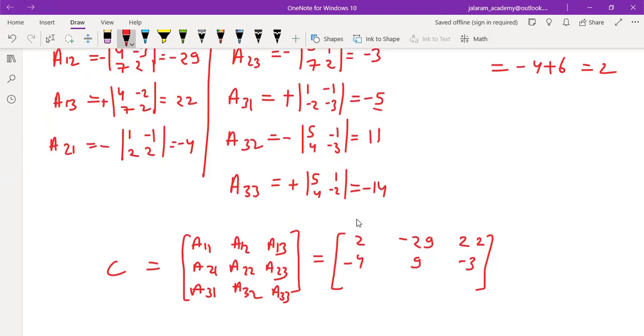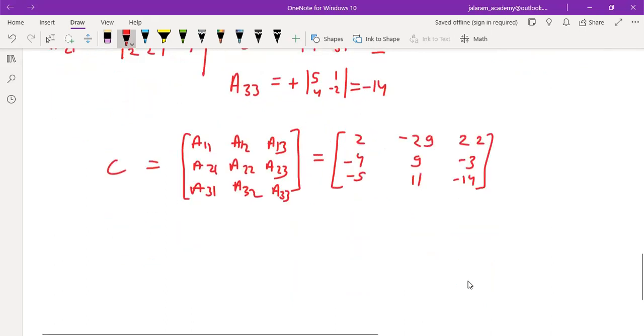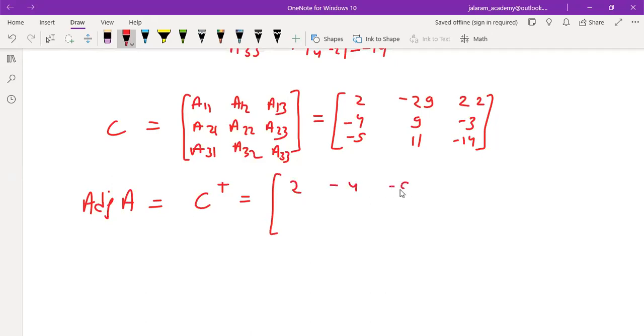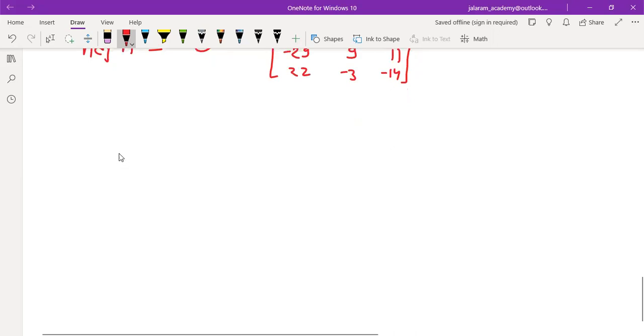Third row: A31 is minus 5, A32 is 11 and A33 is minus 14. And adjoint of A, remember, is the transpose of this matrix formed by the cofactors. So row will be converted to column, column to row: 2, minus 4, minus 5, minus 29, 9, 11, 22, minus 3, minus 14. So this is adjoint of A.